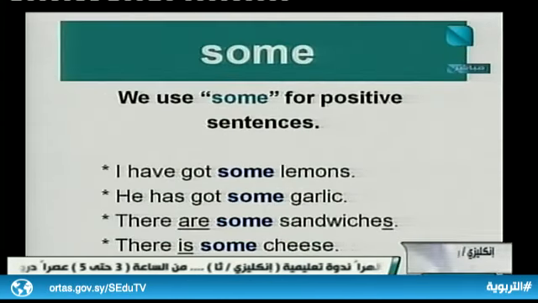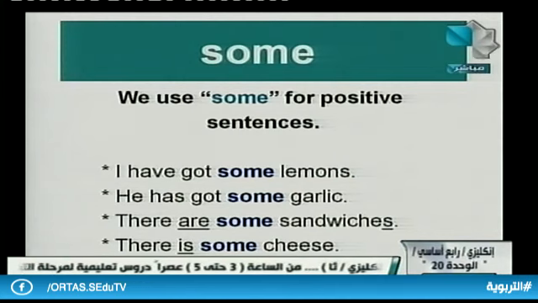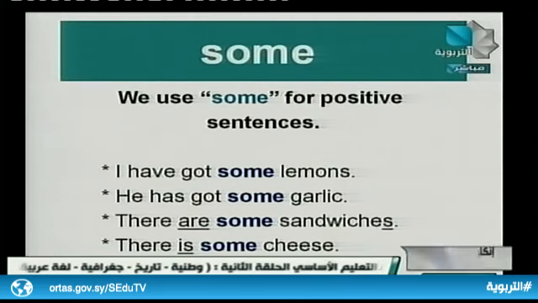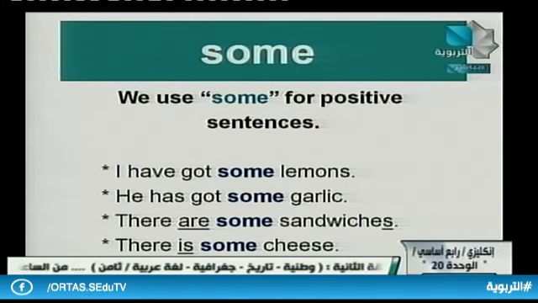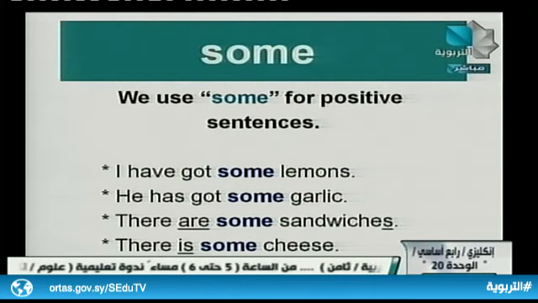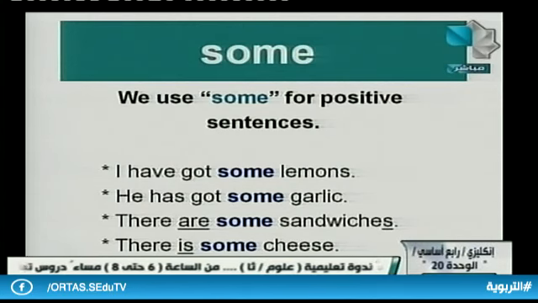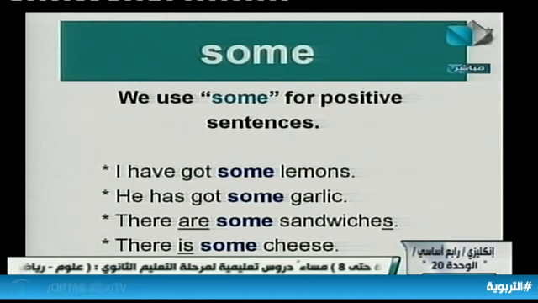What about some? When do we use some? Actually, we use some for positive sentences. Look at the examples. I have got some lemons. He has got some garlic. There are some sandwiches, and there is some cheese.